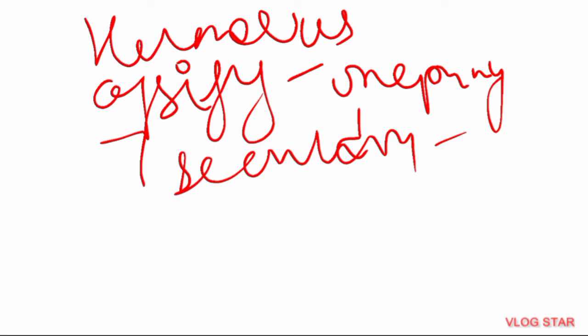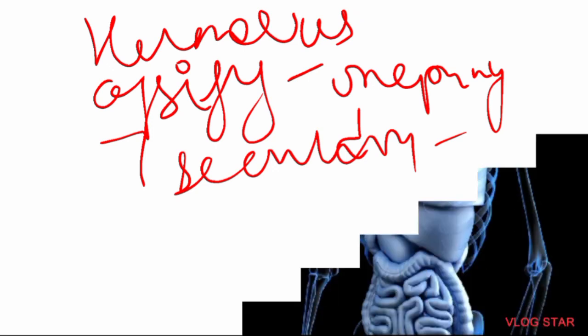All three fuse during 14th year to form one epiphysis, which fuses with shaft at 16th year. The fourth center for medial epicondyle appears at 4th to 6th year, forms a separate epiphysis and fuses with shaft during 20th year. So finally it's done, and let's see some summary.